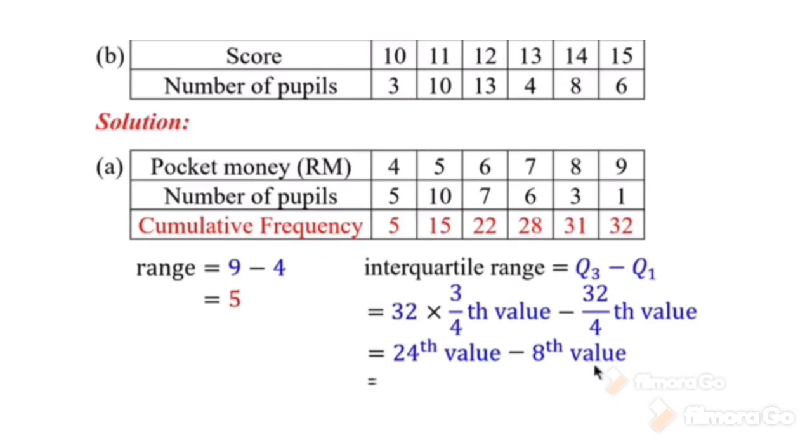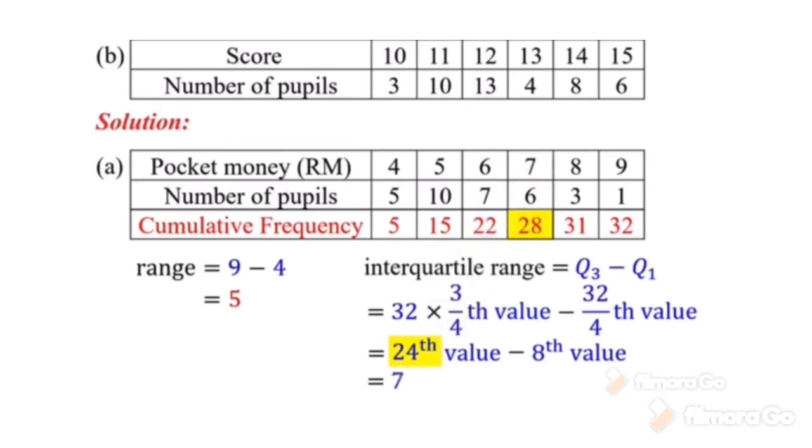The 24th value, meaning yang ke-24, the 24th term has pocket money 7 ringgit. From the 23rd onwards until 28, students have 7 ringgit.